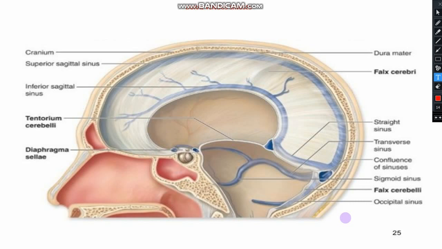And unpaired sinuses are those which are present almost in the median plane.